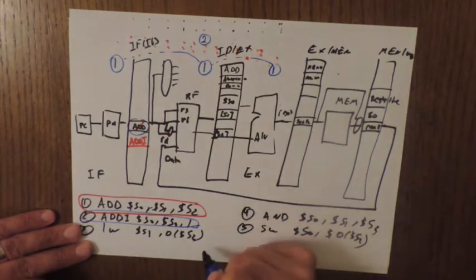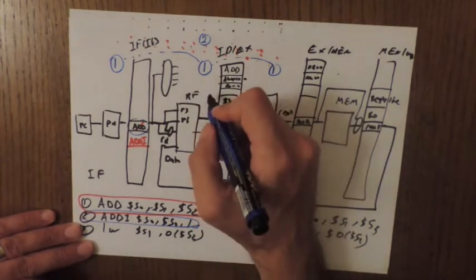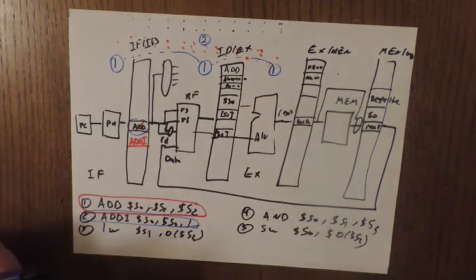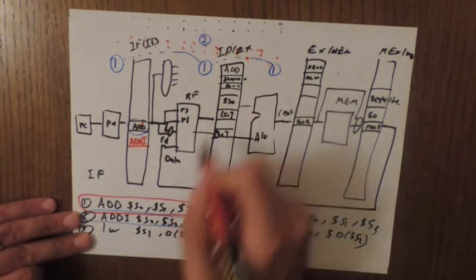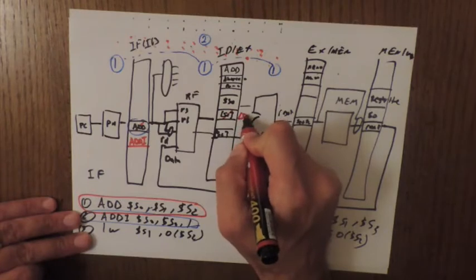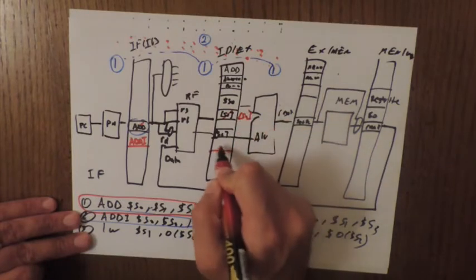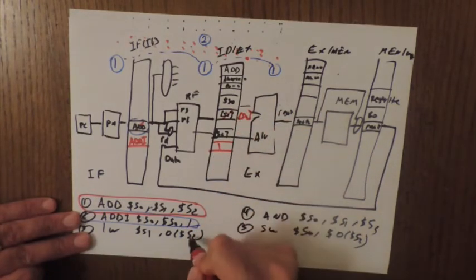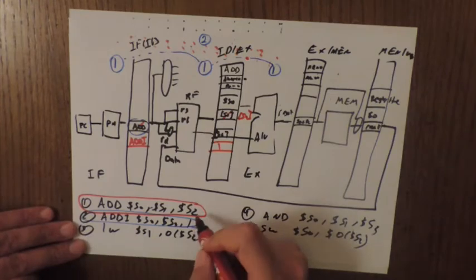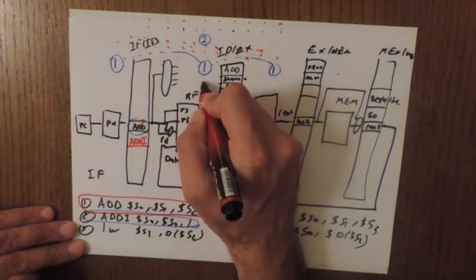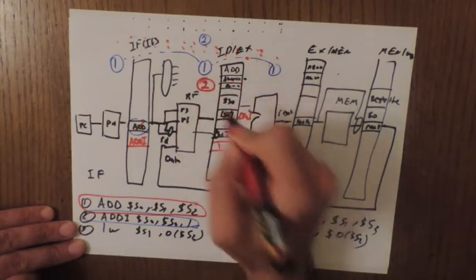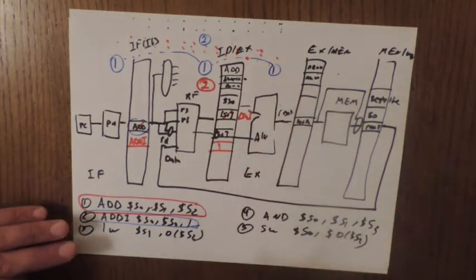However, for add I, instead of S0 and S1, RD is still S0, this will be S0, and then I'm going to use the immediate, which is 1, to do the add I. And so we have instruction 2 here, and instruction 1 here.